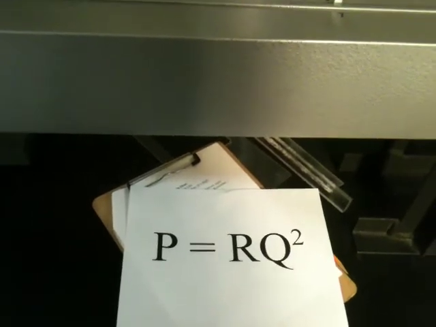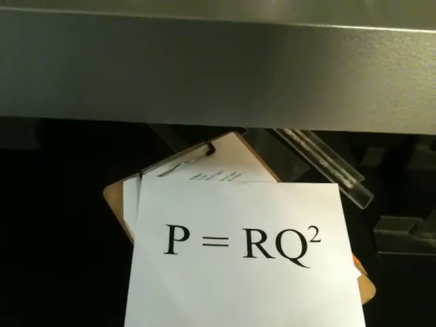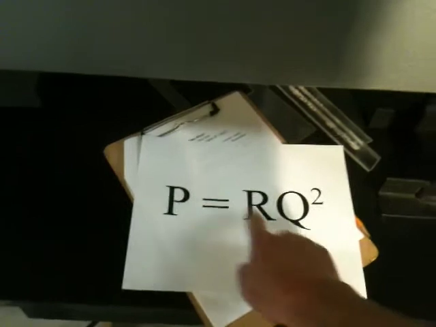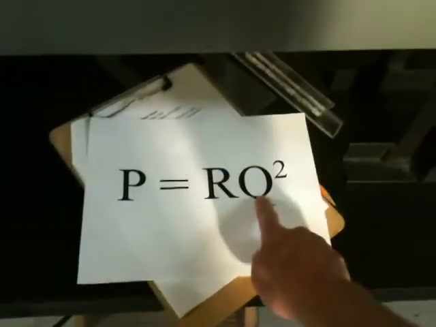Calculate Q by multiplying the average velocity by the cross-sectional area of the airway, square that, and then what you're really looking for is R. So P varies, Q varies, R is supposed to not vary, and that's what you want to take a look at and comment on your results.